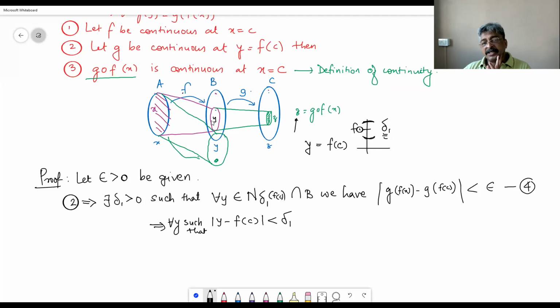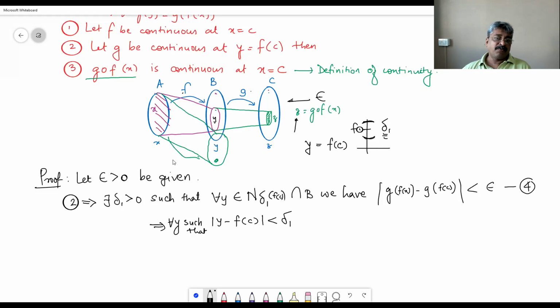Do you understand this? Here I cannot say epsilon because epsilon is here. Output is epsilon. And it is composition. So this epsilon will say that you have some delta 1 for y. And if the cascading in our composition is to be done correctly, then epsilon for f is delta 1.